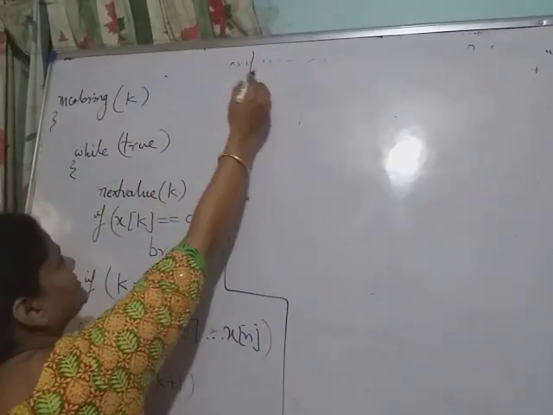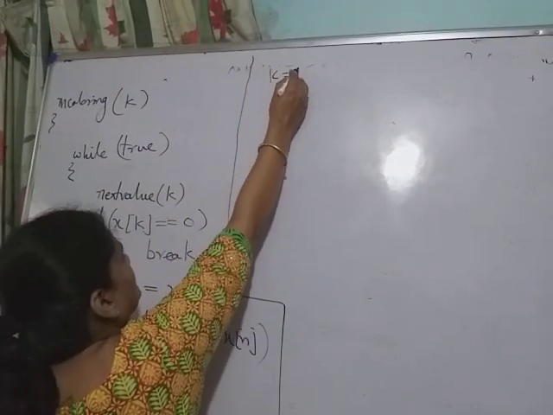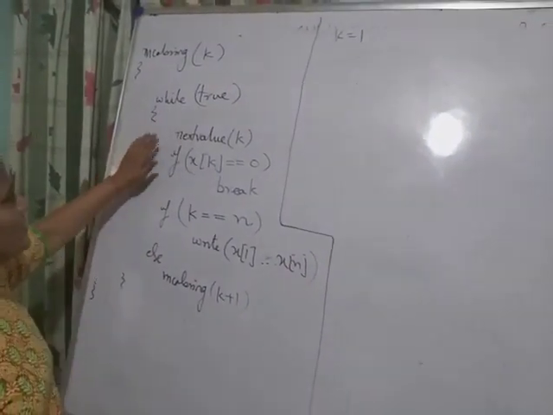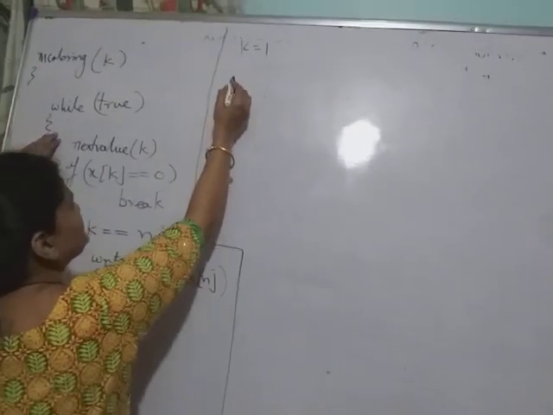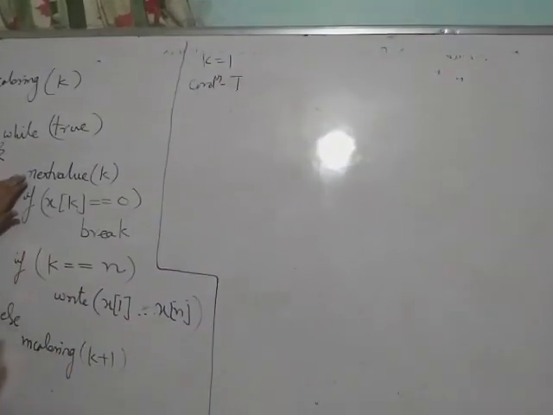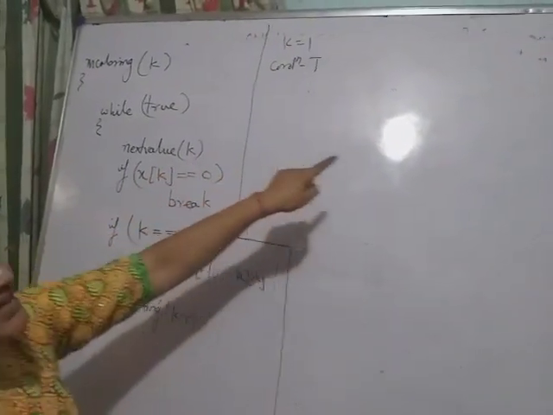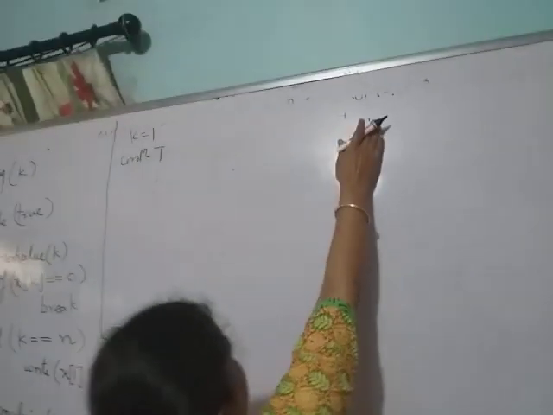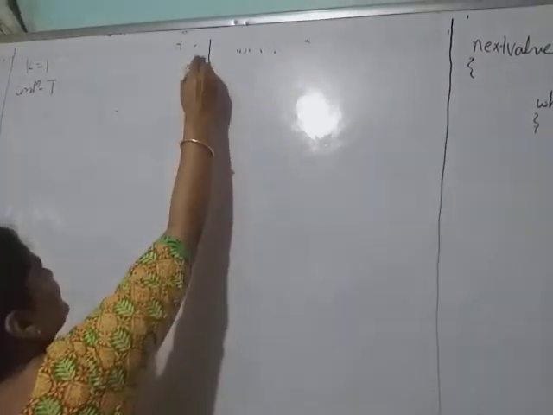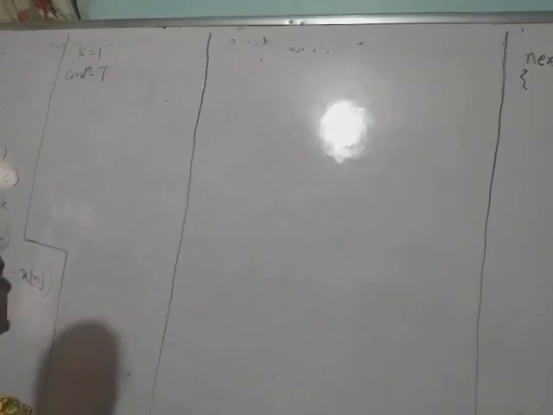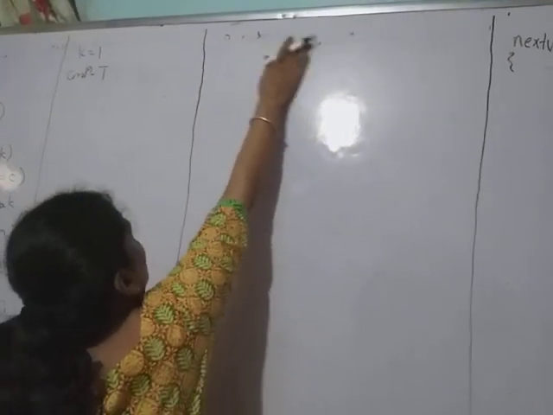When I call m coloring with k equal to 1, while true, the outer condition is true, and the function next value k is called. So here the control is transferred to next value k, and I am just tracing the next value k function.